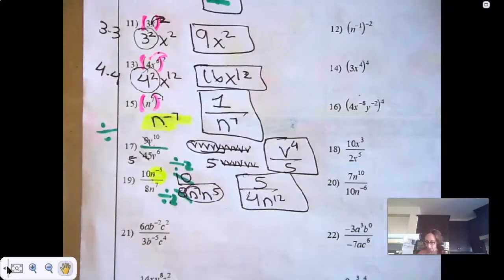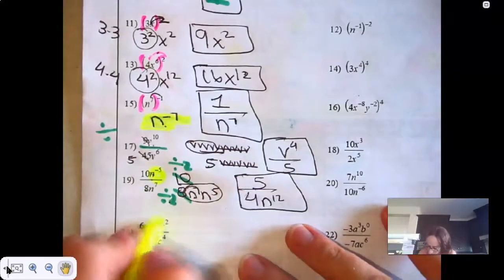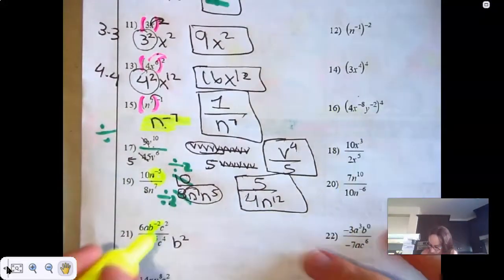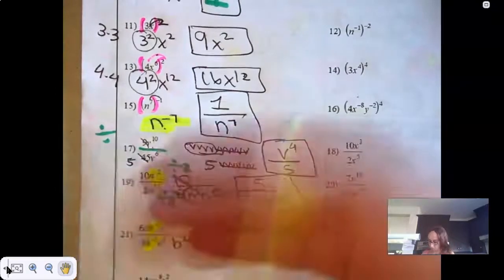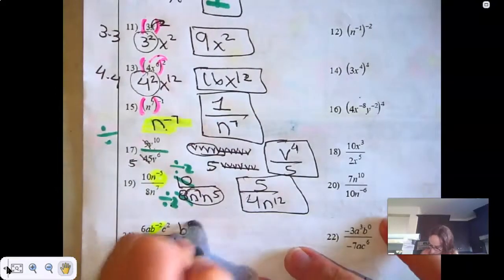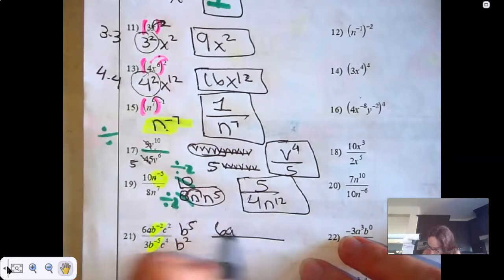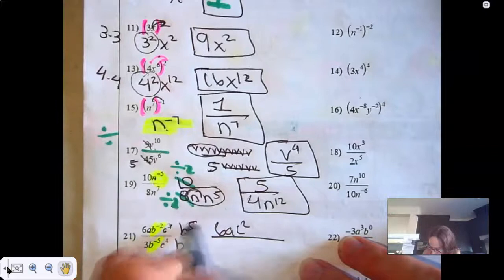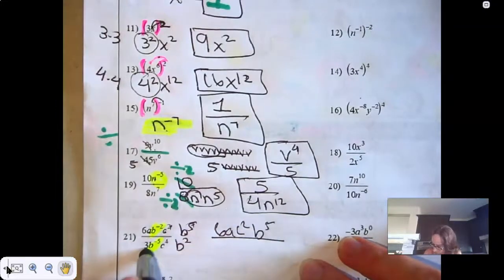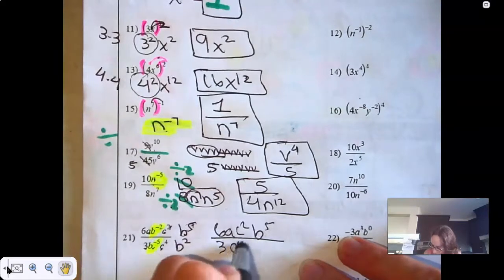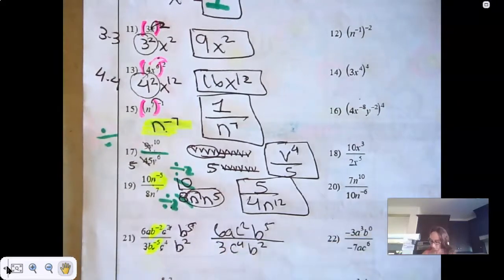Okay. Now let's do this one. Uh-oh. Negative goes to the bottom. Negative on the bottom goes to the top. So now I have 6ac squared b to the 5th. 3, nope, that moved here, c4 b squared.